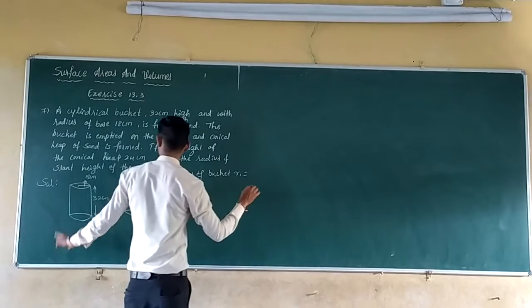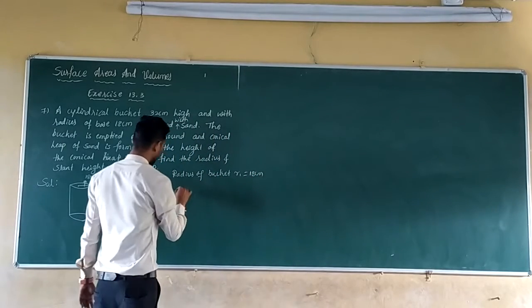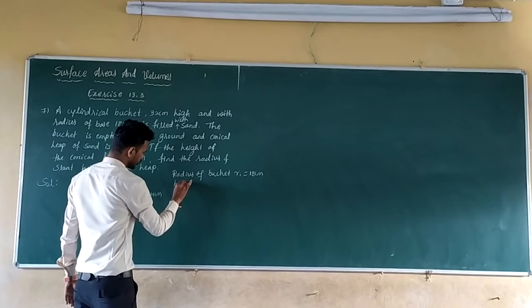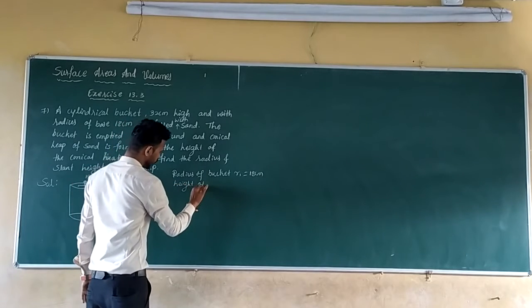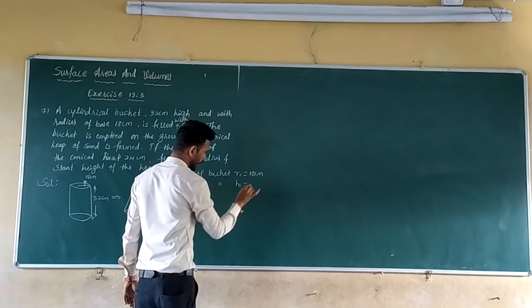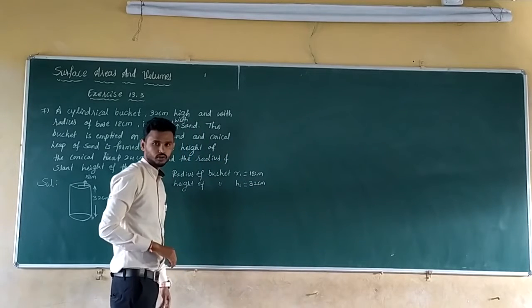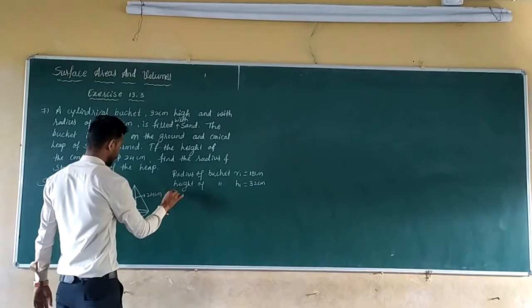So R1 equals 18 centimeter. And next, height of bucket. Let us represent this as H1. How much is given? 32 centimeter.